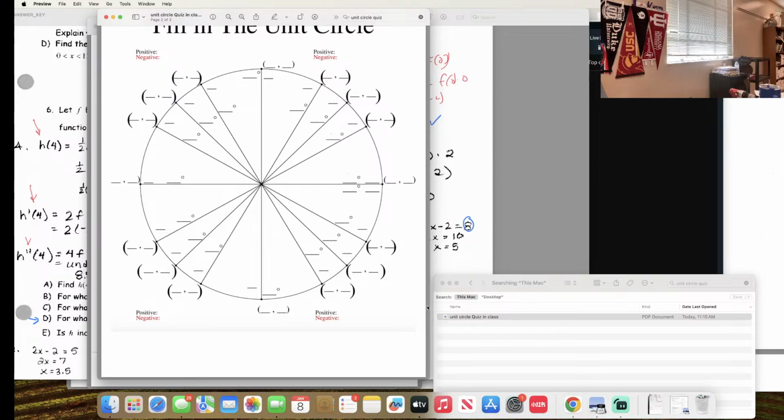I'm asking about this. I thought it was like the area. It's negative. Zero?